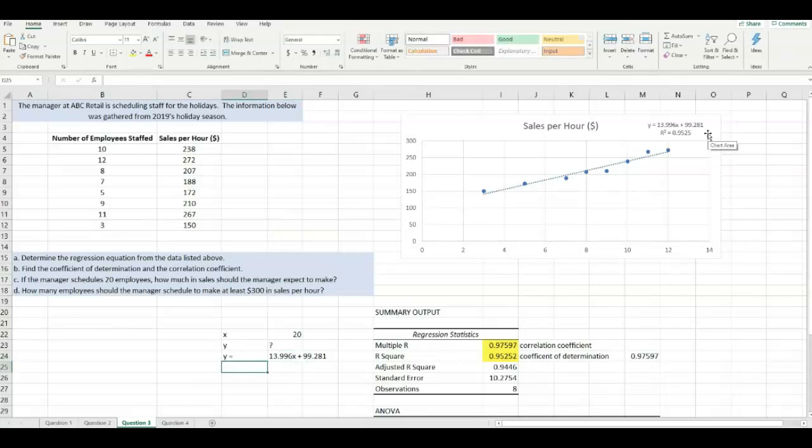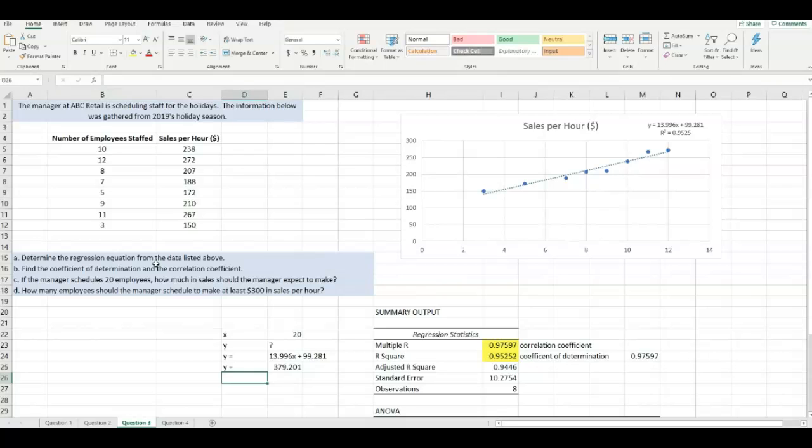So then we just need to plug in 20 for that x. So y equals 13.996 times 20 plus 99.281. We'll toss an equal sign at the front of this.